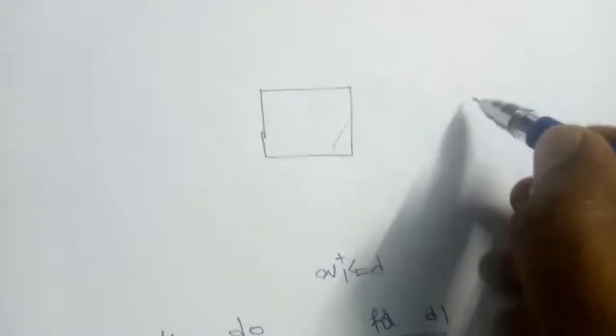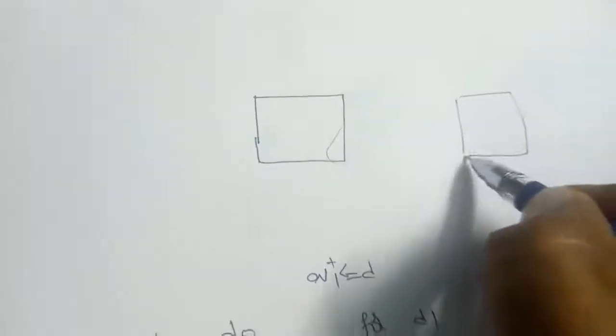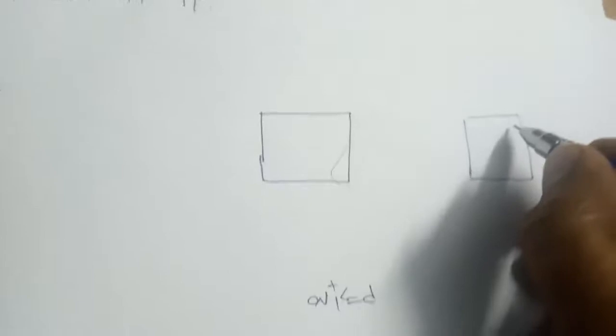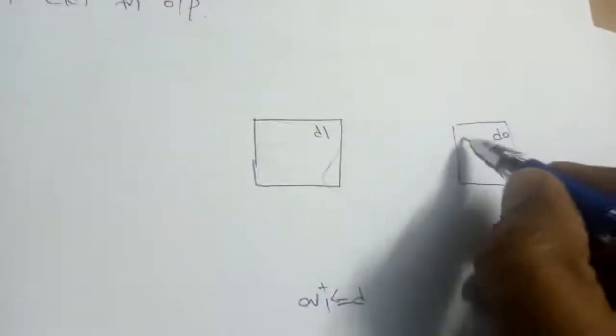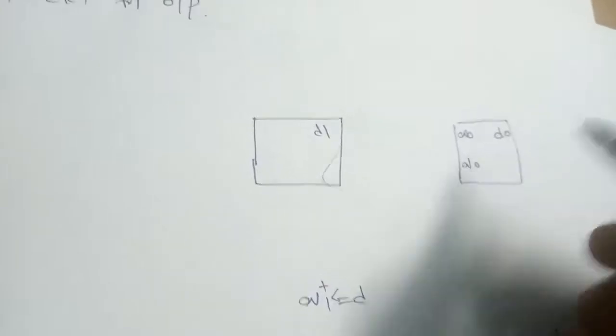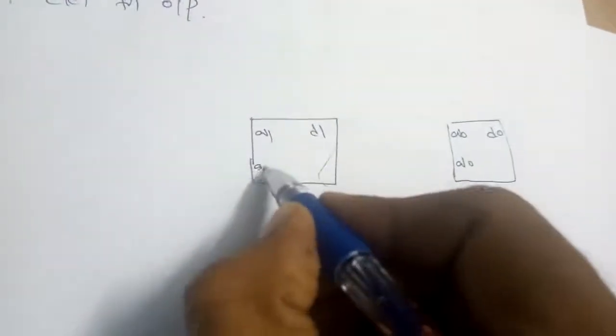Now take two flip-flops, with inputs D0 and D1 and outputs Q0, Q0 bar, Q1, Q1 bar.